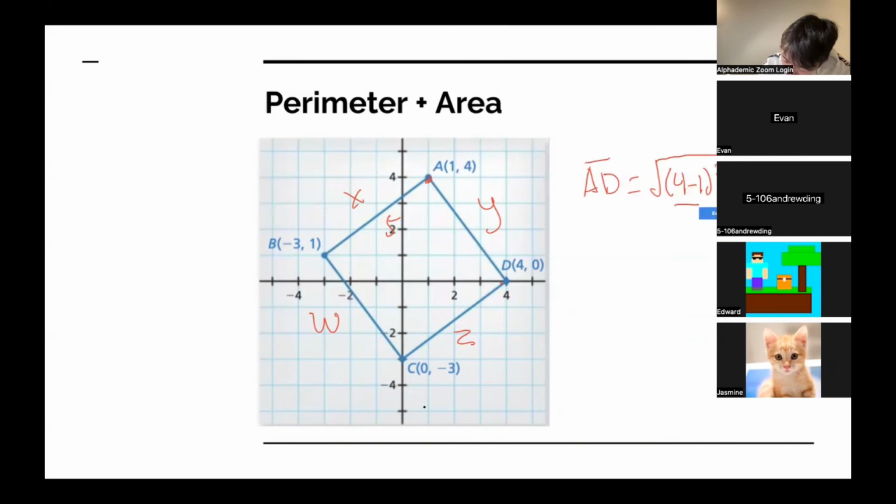This would end up being 9, and this would end up being 16. So we would get the square root of 25, which is equal to 5. And then, as some of you guys noticed, this is a square. In a square, all sides are equal. So all of these sides are 5, 5, 5. And then can you guys find the perimeter and the area of the shape?